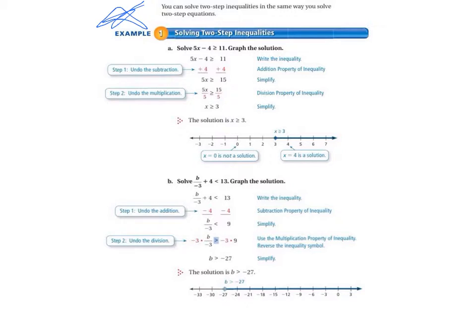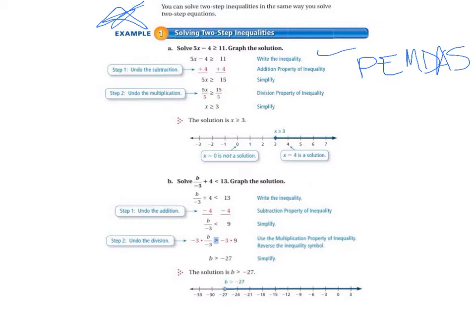So our first step is to write the inequality, and then we work backwards of our order of operations. If you remember, the order of operations is parentheses, exponents, multiplication and division left to right, and addition and subtraction left to right.